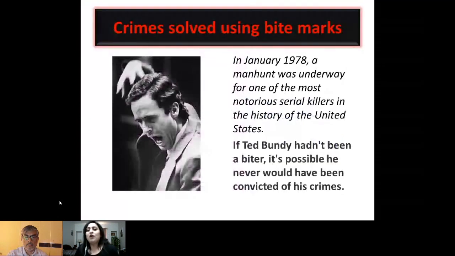The crimes solved using bite marks. The landmark case was in 1967, in fact, and that was the Gordon Hay case. The body of 15-year-old Linda Peacock was found in a cemetery in Edinburgh, Scotland, and the investigating officers focused their attention on a 17-year-old boy, Gordon Hay, and he was the first one to be tried.